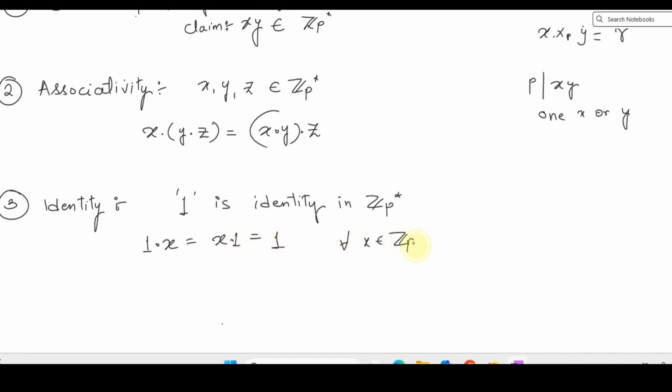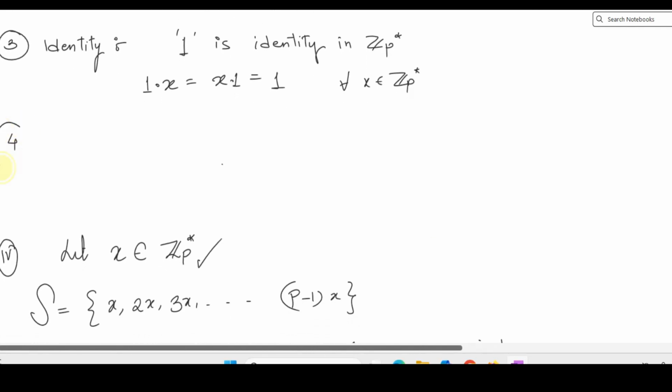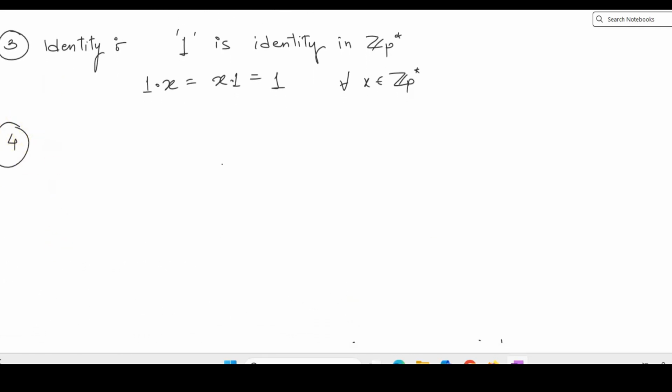So 1 is the identity in Zp star. Also the identity element should be unique, so definitely the identity is unique here. 1 is unique.